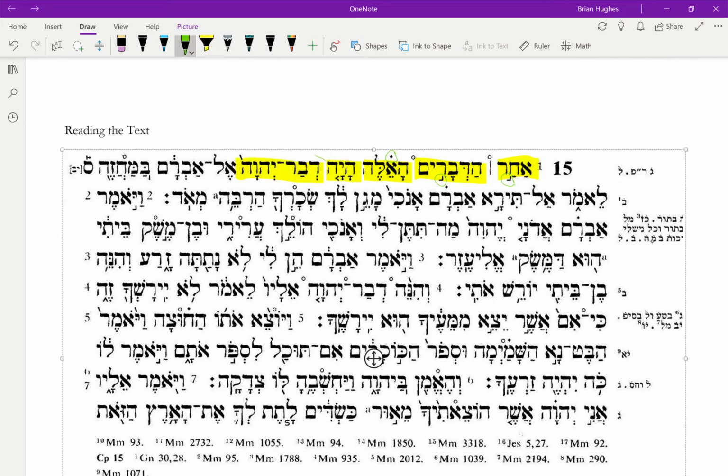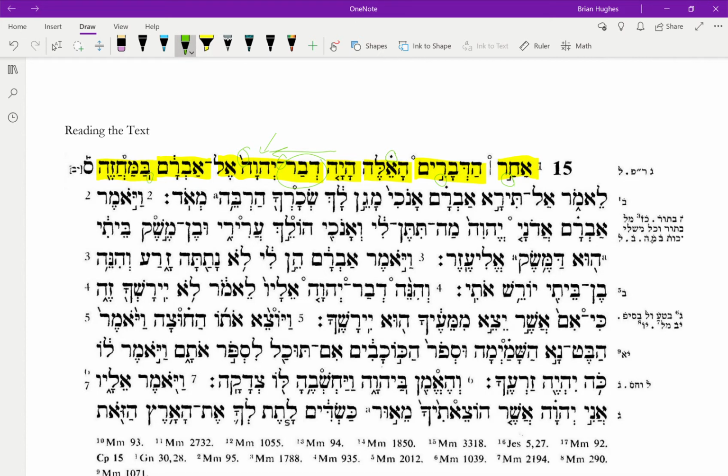Notice that this word doesn't have an accent because it's in construct with this word. Remember how we said in construct, a noun loses or at least loosens its accent. So here we have the accent, and that tells the reader to go quickly through here. So devar Adonai el Avram bamachazeh.